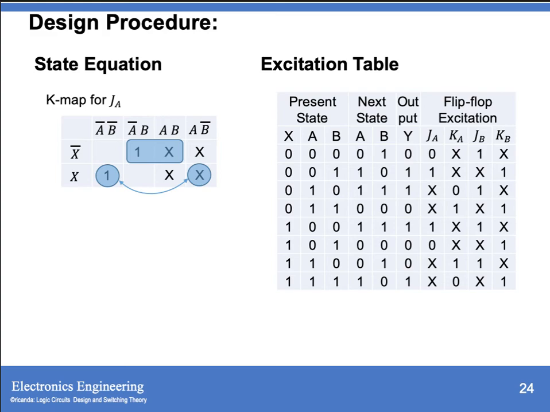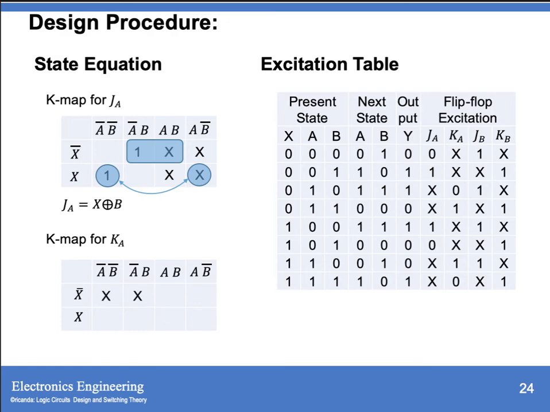So therefore, that is X XOR B. For your KA, we have X, X, 0, 1, X, X, 1, 0. So group this by 2 and another by 2. So KA, that is X XOR B.